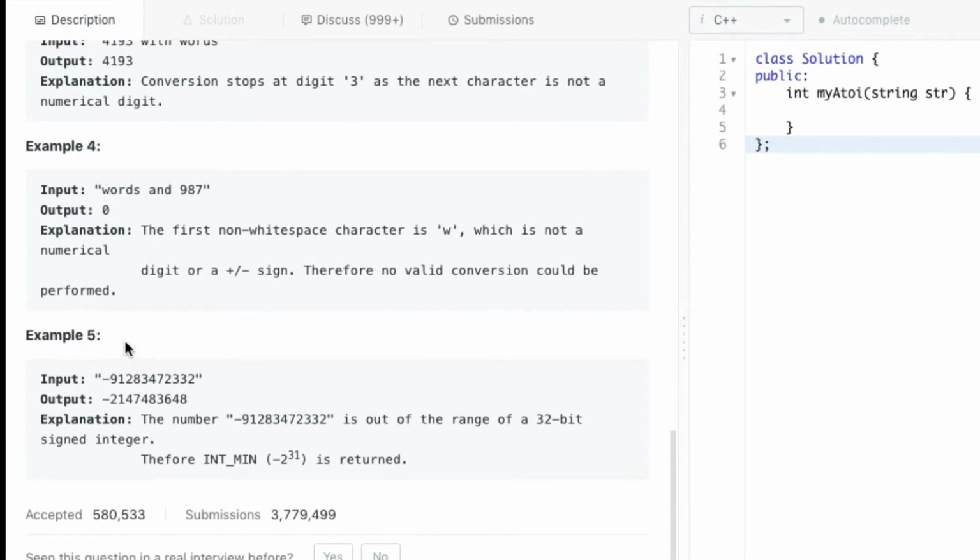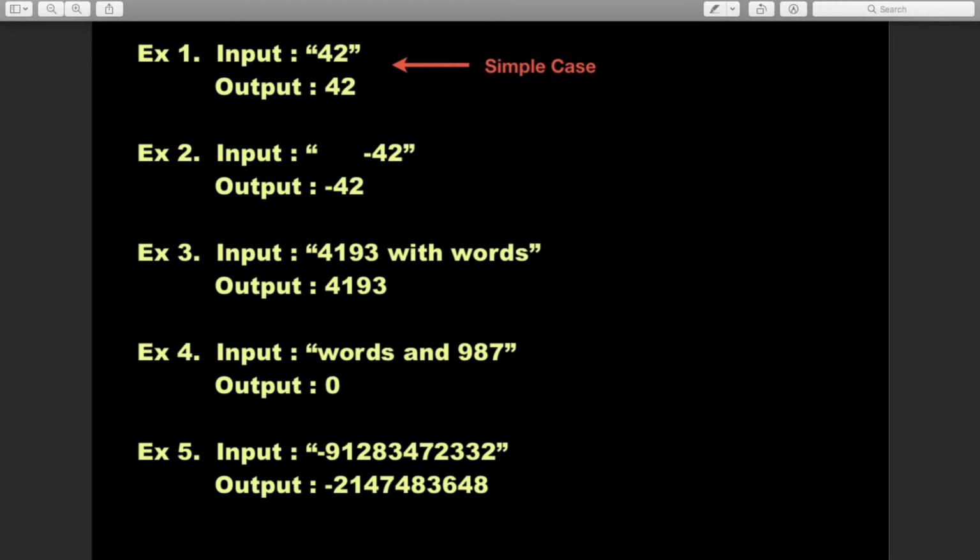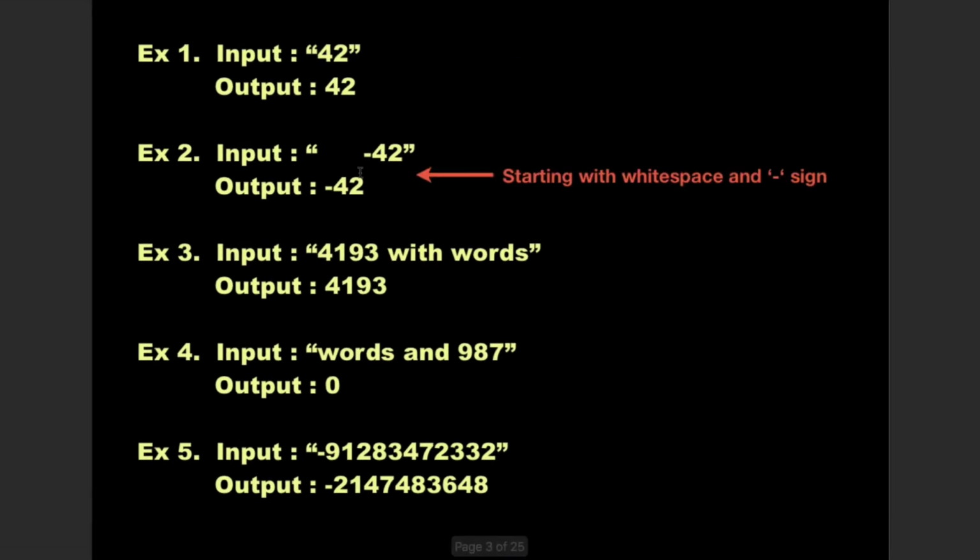At last, let's consider example 5, where this value exceeds the 32-bit signed integer range. Since it is a negative value, we output the minimum integer value. So let's consider the examples given in our question. The first example is a simple case where the input is a numerical value and the output is 42. In example 2, we have preceding white space characters followed by a minus sign.